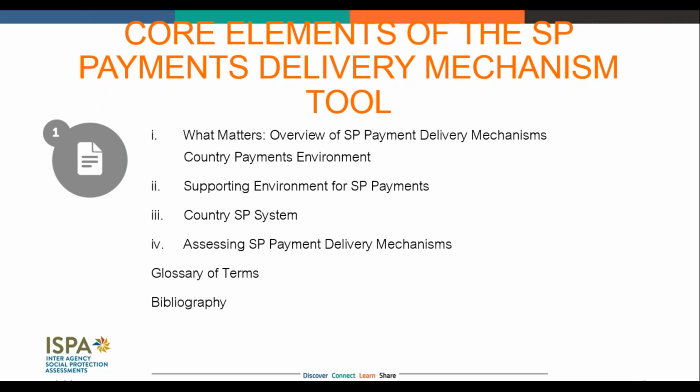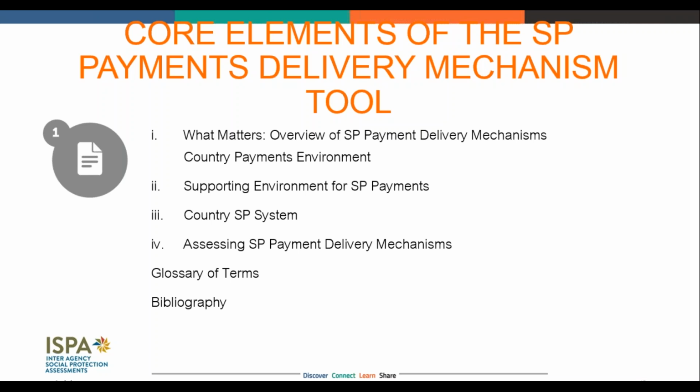We also look at the costs of delivery, various international studies that look to the costs, and also the key performance indicators. Then we look at the supporting environment for social protection payments, because a social protection delivery mechanism does not exist in isolation. It very much relies on the national environment in order to successfully deliver payments.